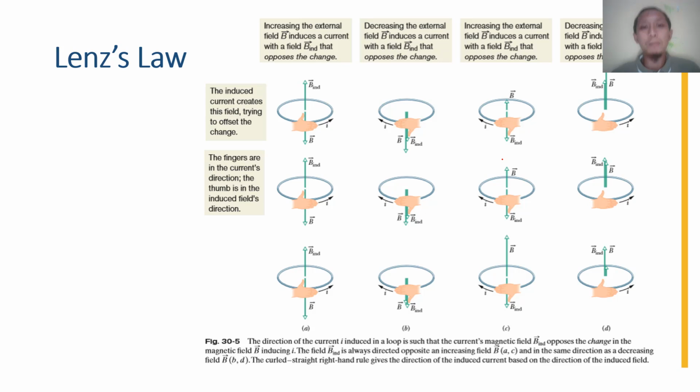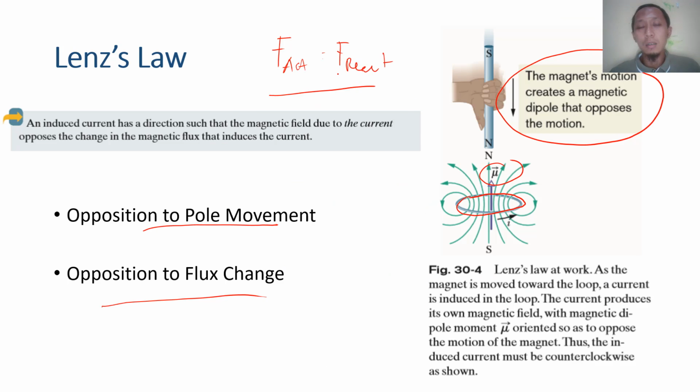Okay, so it's like this one. If we have a magnetic field of B, like this one, it's like we put a magnet here, with the South Pole and the North Pole here.